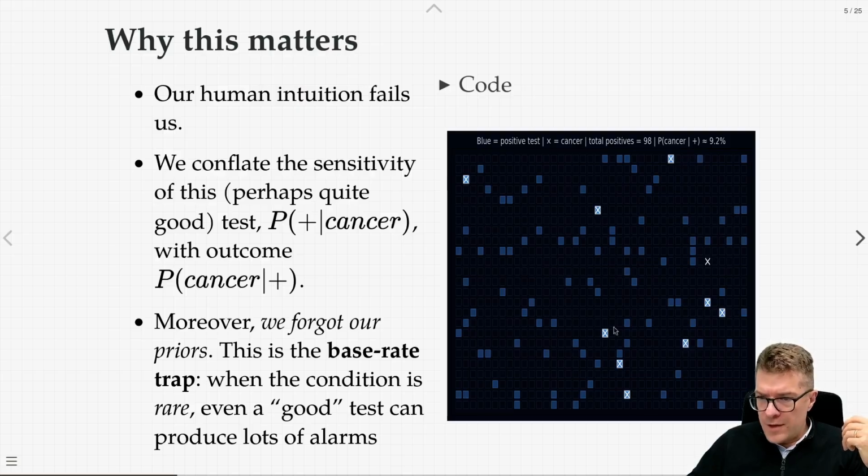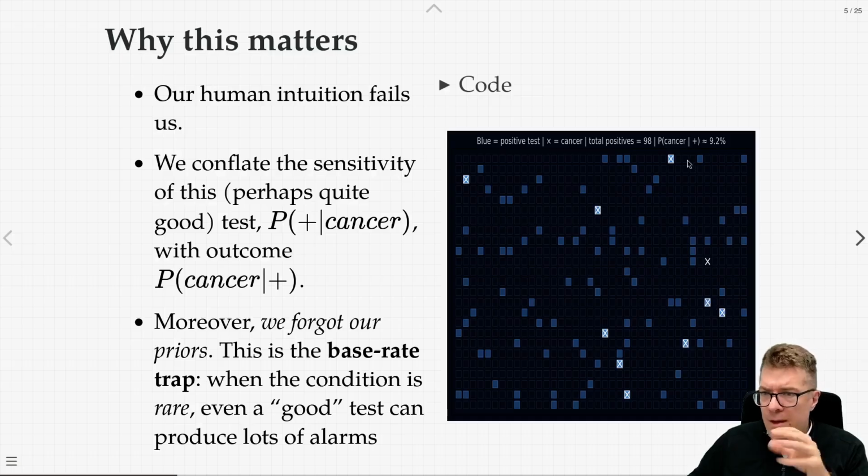And you can count some of these statistics yourself. Out of these 10 women who have cancer, 9 of them have a positive result. So that's exactly our earlier test of sensitivity: 90% of the time when the person has cancer, the test comes back suggesting that they have cancer.